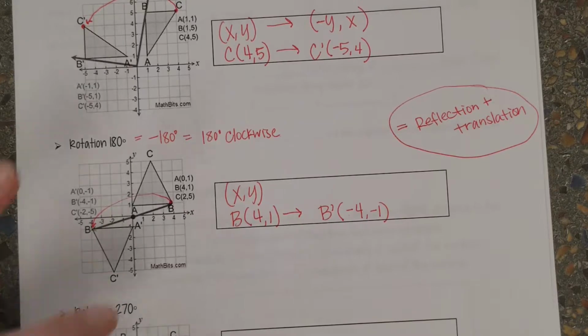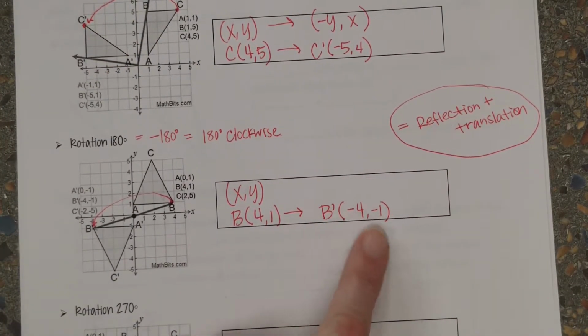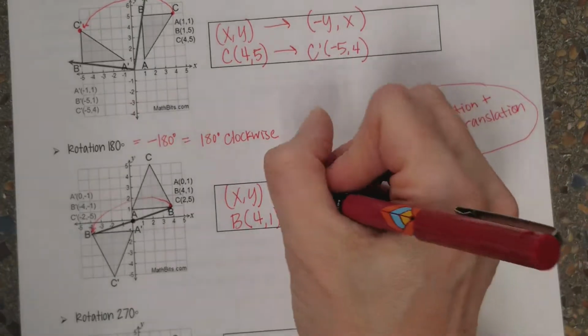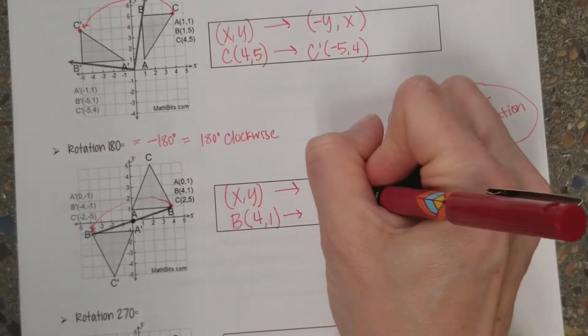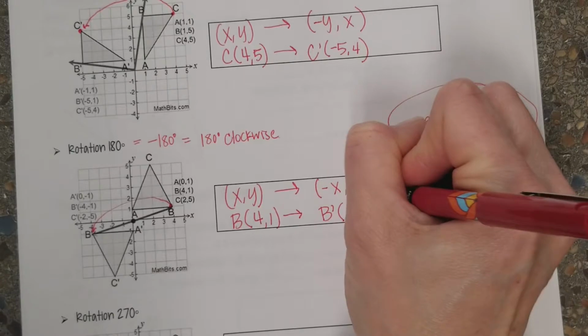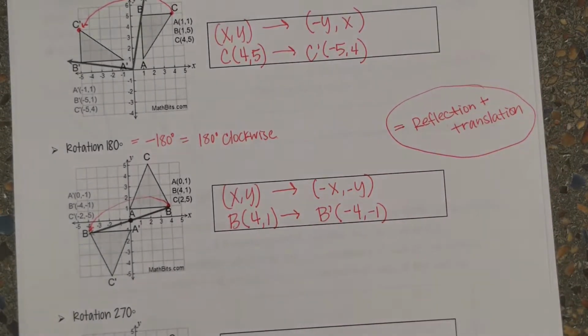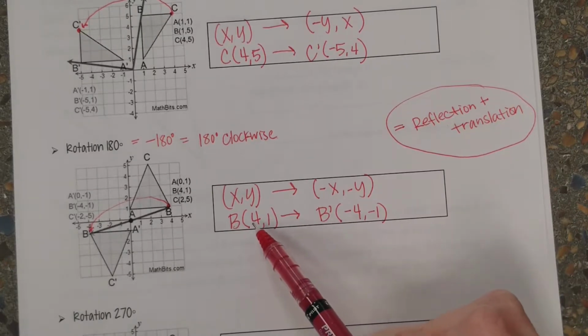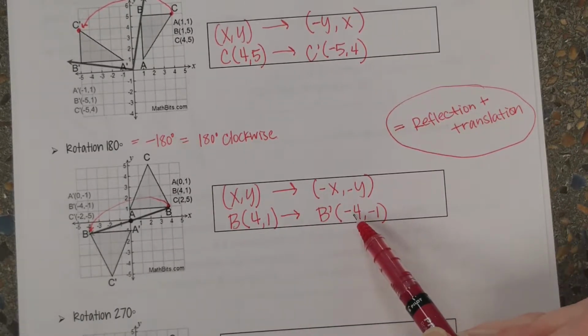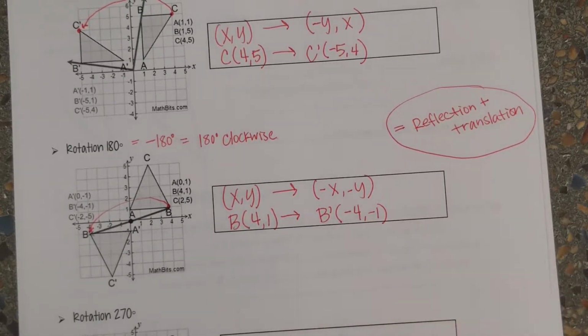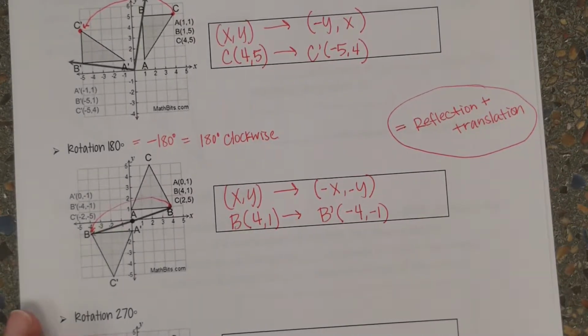So how did we get from B to B prime? Well, all we did was change the signs of each coordinate. That's all we did. So that's the rule. Every time, you just change the signs. Now remember, you guys, this negative right here doesn't mean that it's negative. It means that it takes the opposite. So if this one was originally negative, then it would become positive. It just takes the opposite sign.